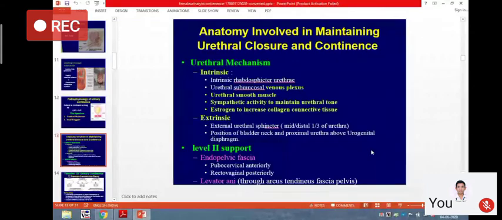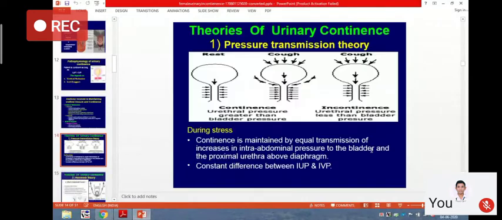The extrinsic mechanism consists of the external urethral sphincter and the position of the bladder neck and proximal urethra above the urogenital diaphragm. And level 2 support comes from the endopelvic fascia, and when there is thickening of the endopelvic fascia, it forms the pubocervical ligament anteriorly and the rectovaginal septum posteriorly, and levator ani through the arcus tendineus fascia pelvis.